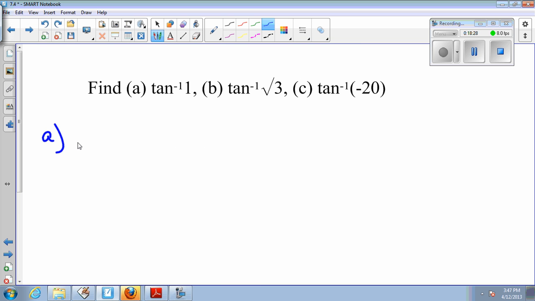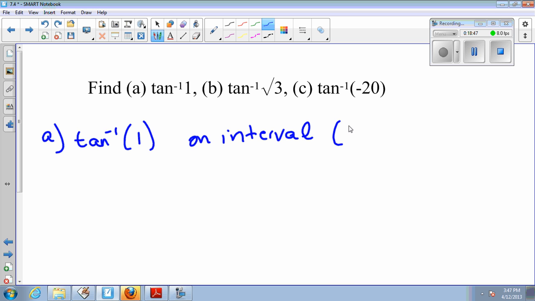So we are going to find the inverse tangent of 1, and our interval is restricted to negative pi over 2, pi over 2.